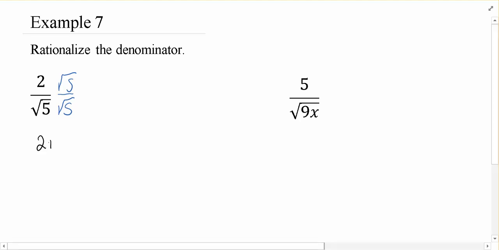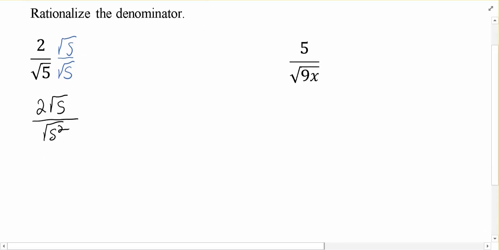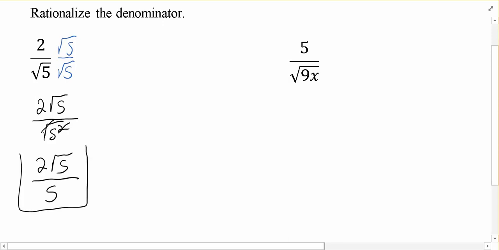That gets me 2 root 5 in the top and the square root of 5 squared in the bottom. And the square root and the square undo each other, leaving me just the 5. And so now I no longer have a square root in the bottom, which was my whole goal, really.